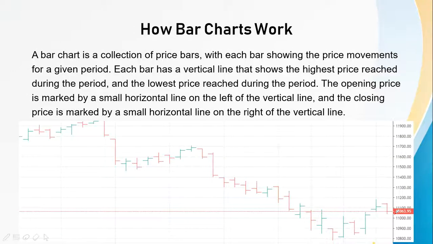So how does the bar chart work? A bar chart is a collection of price bars, with each bar showing the price movement for a given period. Each bar has a vertical line that shows the highest price reached during the period, as we have already seen, and the lowest price reached during that period. The opening price is marked by a small horizontal line on the left of the vertical line, and the closing price is marked by a small horizontal line on the right side.